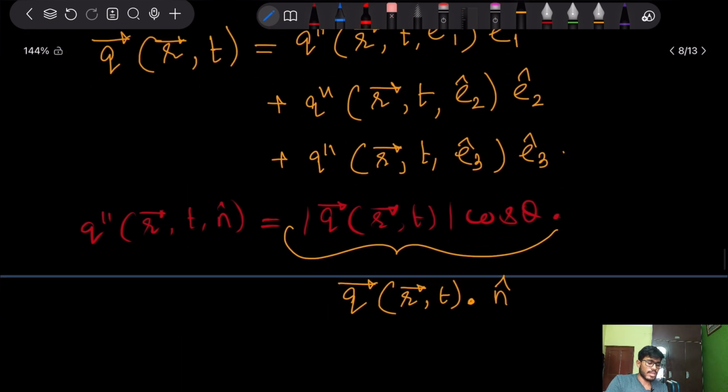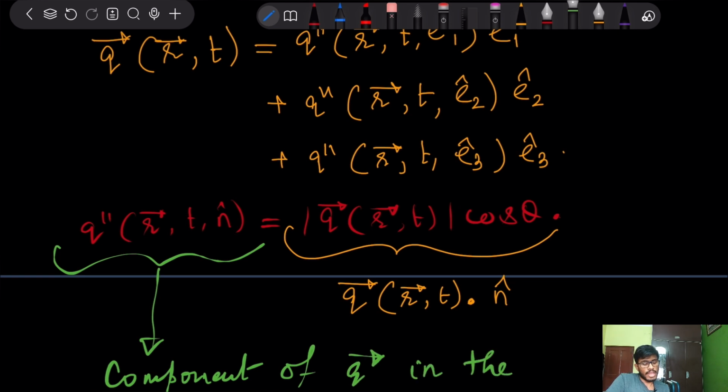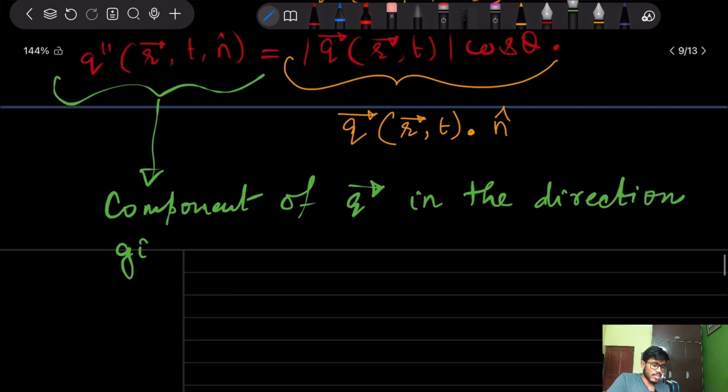So I can say that this is the component of the heat flux vector in the direction given by n cap.